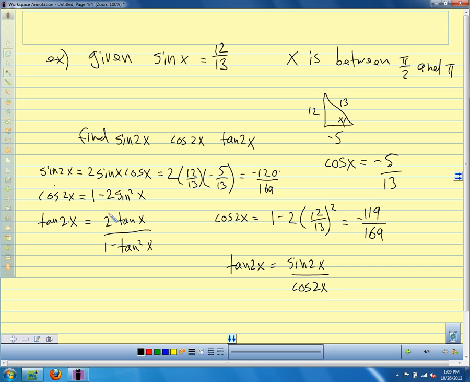That's way easier than calculating this. I have the sine of 2x, I have the cosine of 2x, so this equals minus 120 over 169 divided by minus 119 over 169.